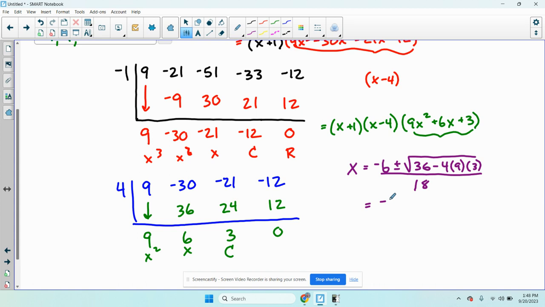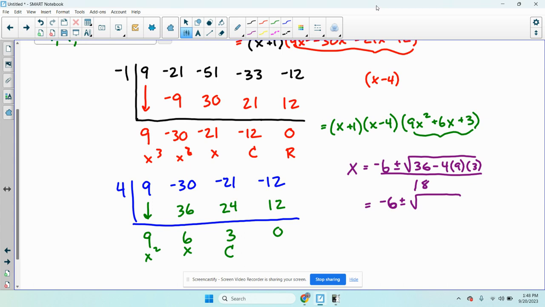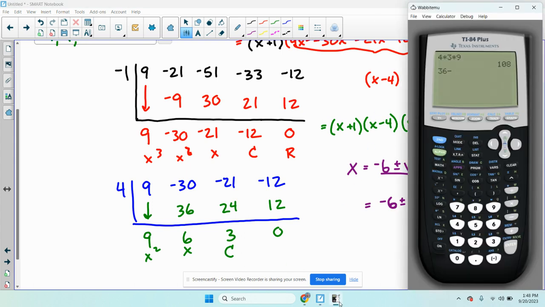So this is -6 plus or minus the square root of 36 minus, what is that, 108? 4 times 3 times 9. We have 36 minus, I believe it's minus. Yep. 108. 72.